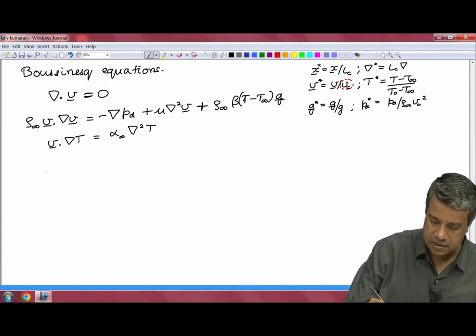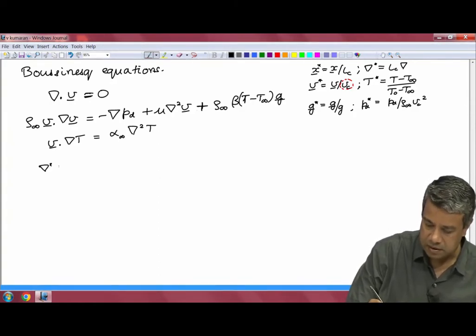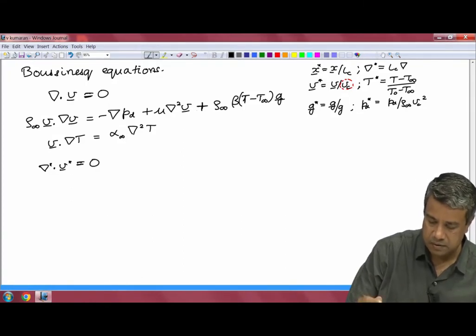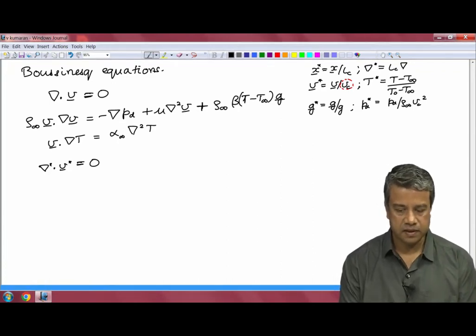So, the scaled equations: the mass conservation equation, del dot V equals 0. The divergence of the velocity is equal to 0, that is the mass conservation equation.